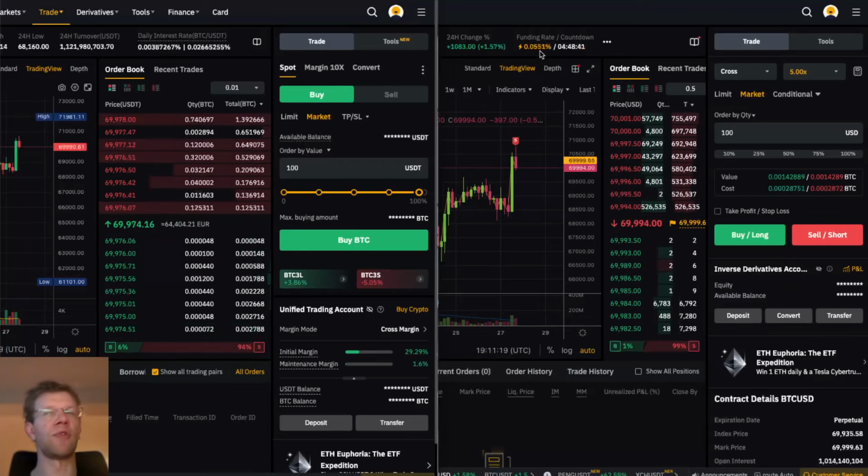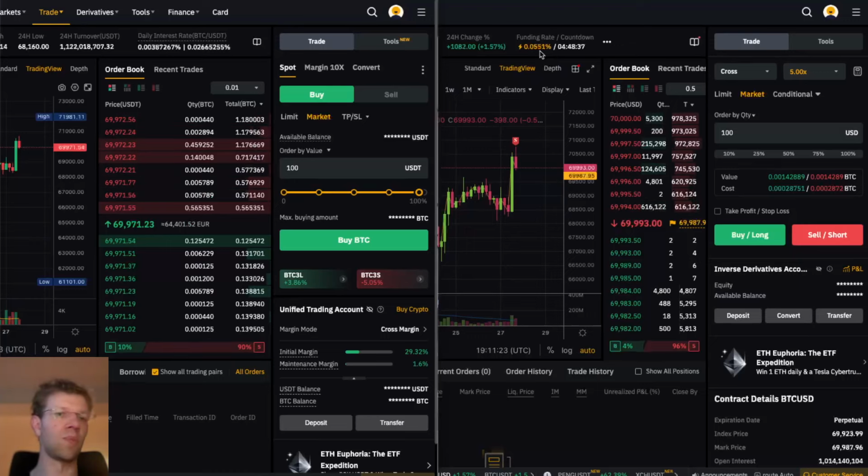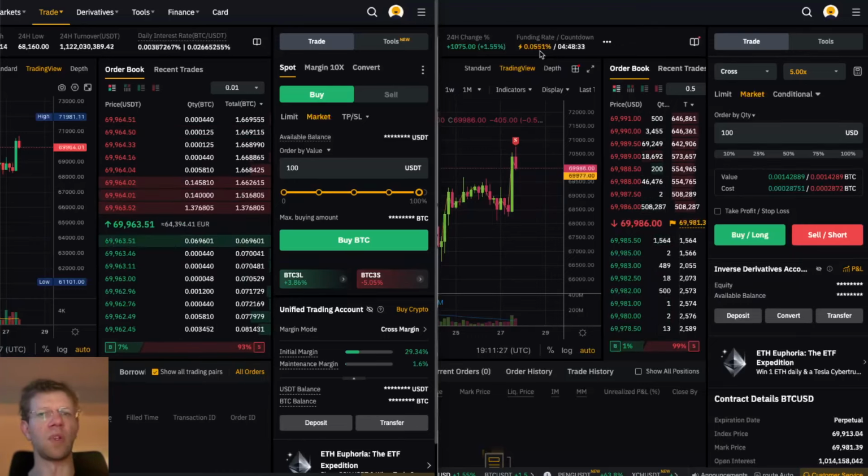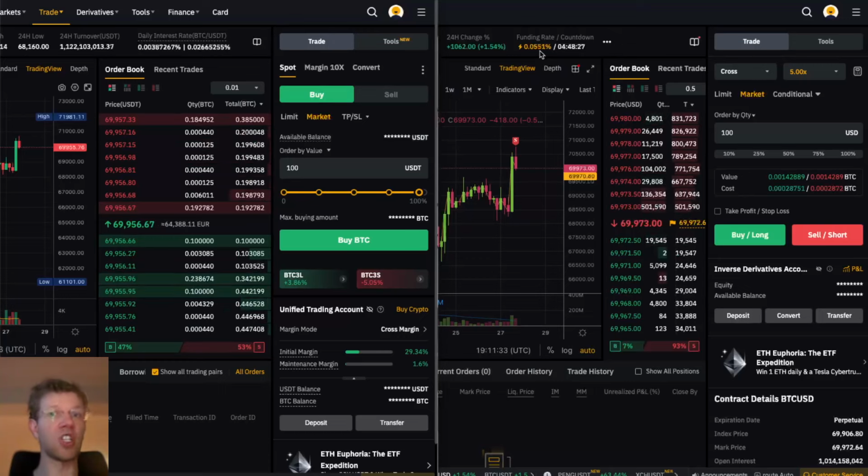And therefore the idea is that more people close their longs, open shorts, and get the perpetual price back to the real spot price. So as long as there is a lot of hype and bullishness in the market, people buy the perpetual to gain more exposure.